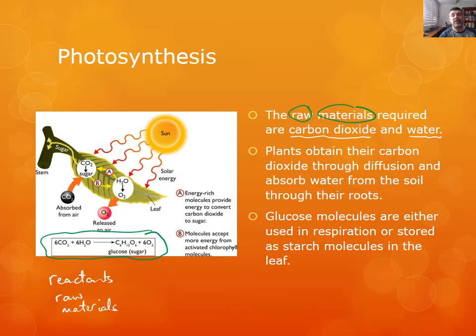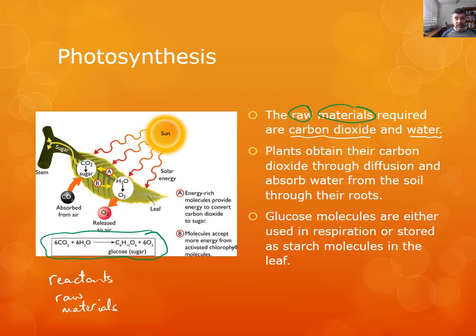Plants obtain the carbon dioxide through diffusion, through the stomates in the leaves, and absorb water through their roots, so from the soils. And that gets transported through transport systems. The xylem brings the water up from the roots to the leaves, where photosynthesis occurs in cells that have high concentrations of chloroplasts.